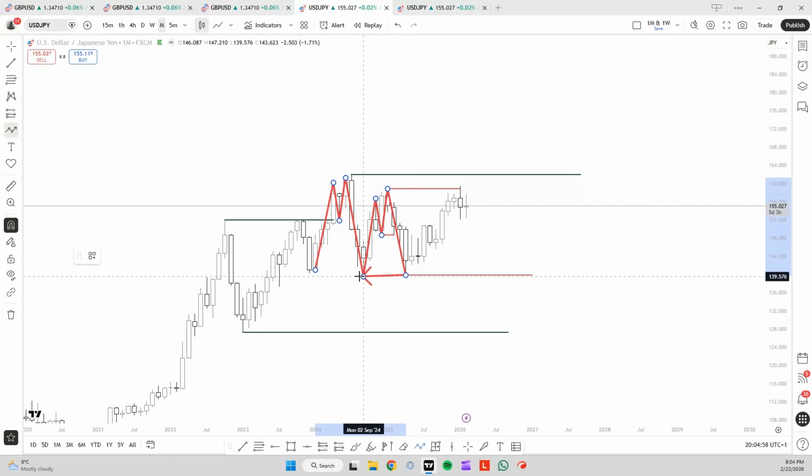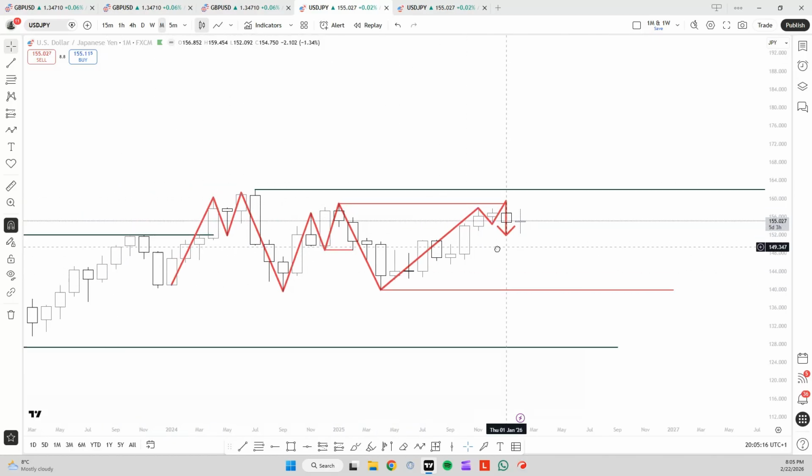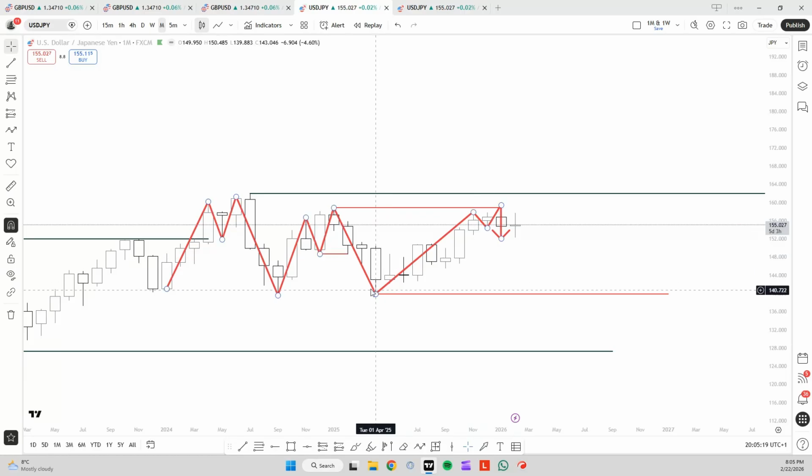This time the low wasn't taken, but what is happening here is basically again building liquidity, taking the highs, both of them, and then bam, run lower, right? And then we got this one, and eventually right now this one after the liquidity being taken.